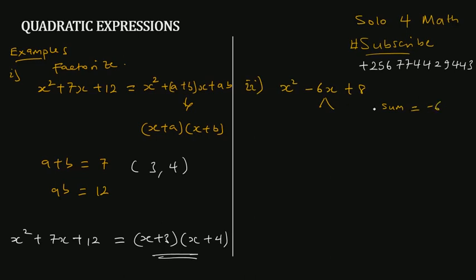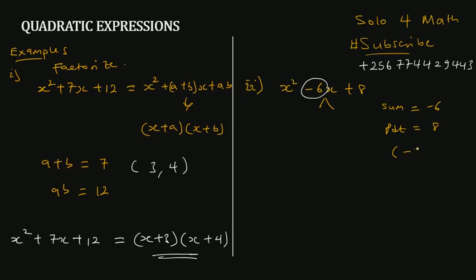Like I said before, when you're getting the sum, take everything, even with the sign. The product should be 8. So which two numbers are those, so that when you add them you get -6, but when you multiply them you get 8?